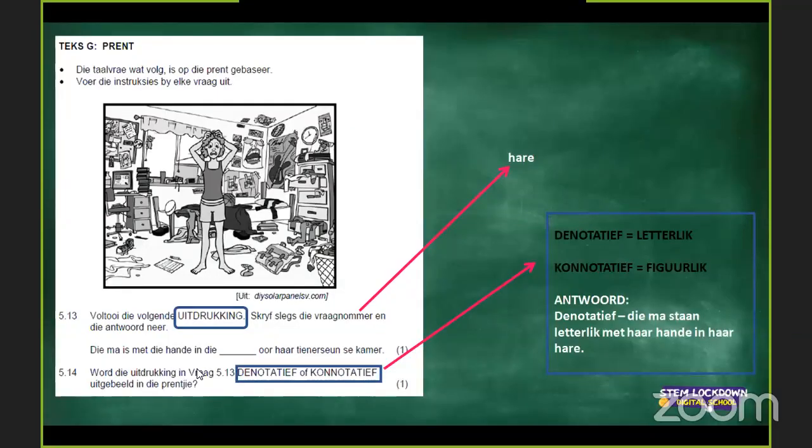So kom ons kyk, dit sê teks hier, prent. Die taalvrae wat volg is op die prent gebaseer. The language questions are based on the picture. Voer die instruksies vir elke vraag uit. So now you have to follow the instructions. They give you the picture because if they ask a preposition question, in this question, you can see where certain things are.